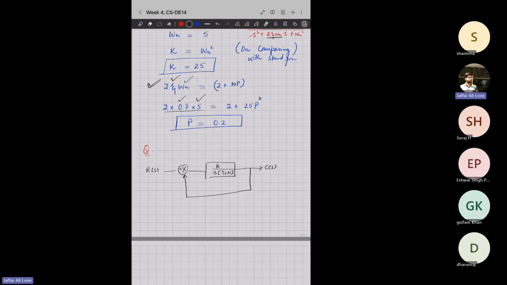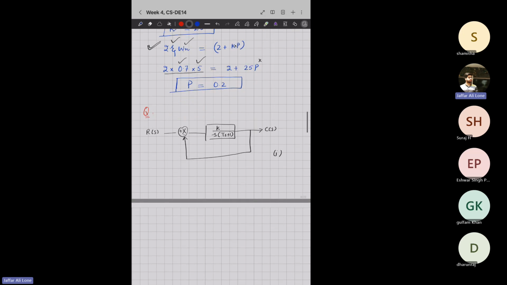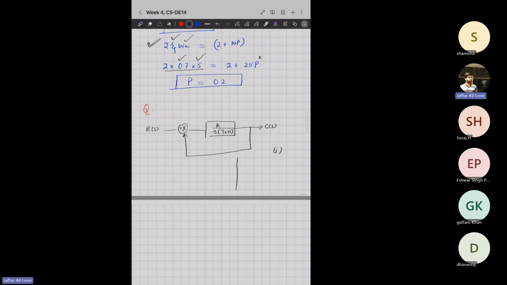So you are given a system. The system shown in figure 1, let's assume this is my figure 1, when subjected to a unit step input, its output is given as this. The output looks like this. This is time, this is C of t.